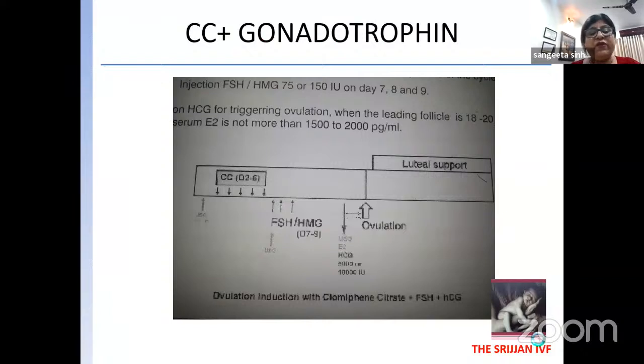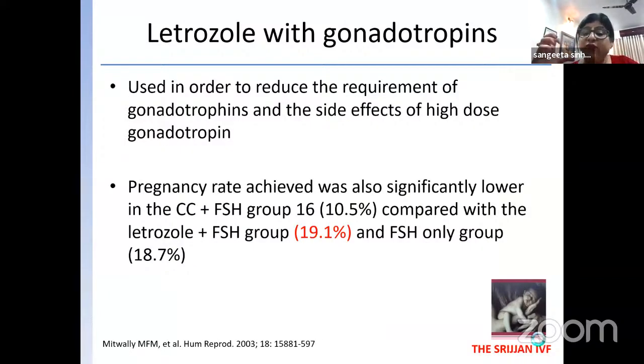So you can give clomiphene with combination or letrozole with combination. Exactly, I'm not going to teach you; it's for you to decide which gonadotropin on which day and how much the dose is. Suppose on day 8 the follicle size is 10 or 12 millimeter, you hardly need a push. I think 75 milligram of gonadotropin combination will be fair enough to push the follicles.